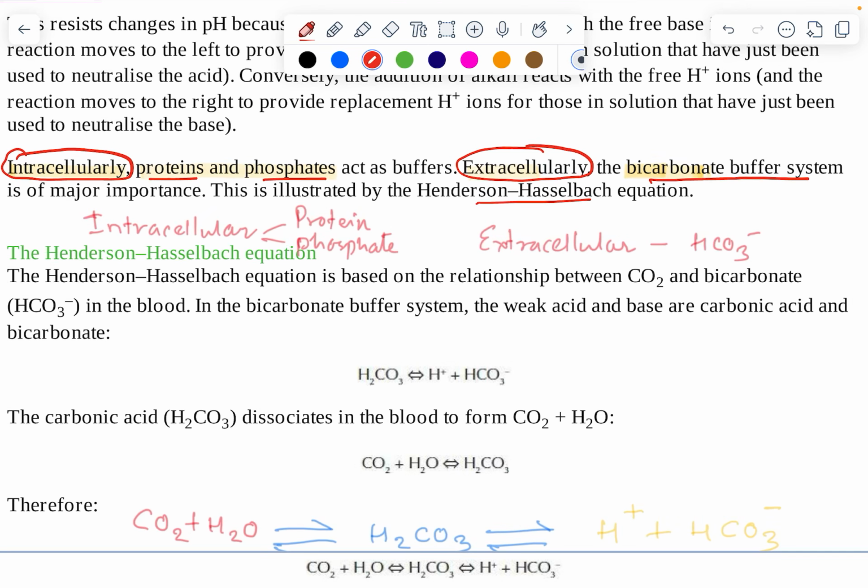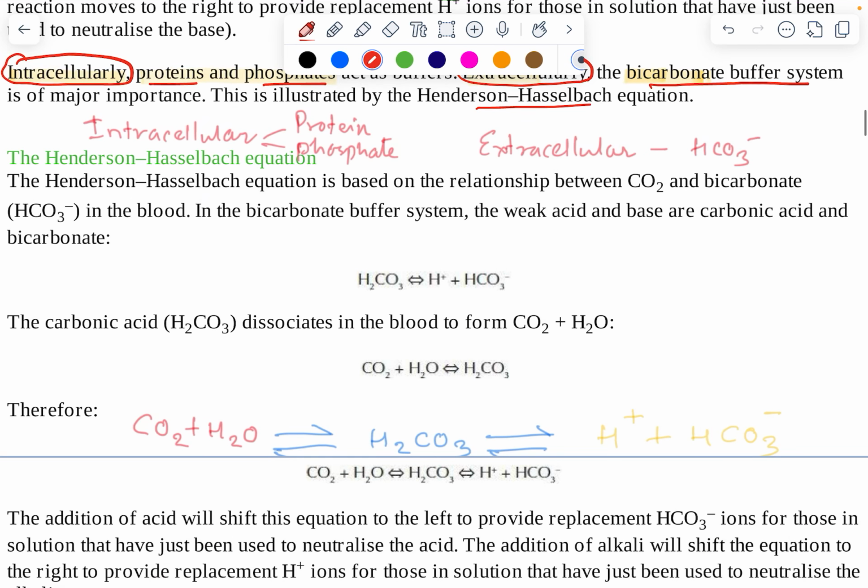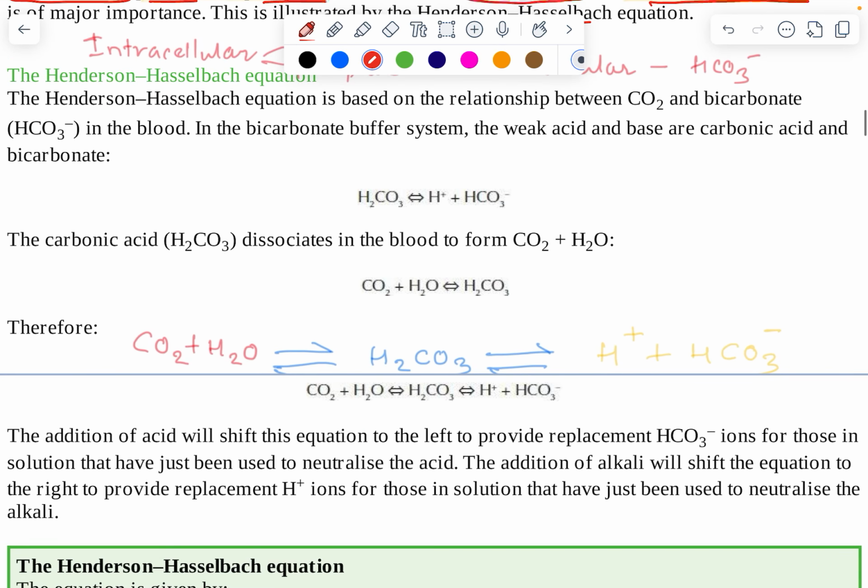Carbonic acid in the blood also forms carbon dioxide and water, so carbon dioxide plus water is interchangeable: CO2 + H2O ⇌ H2CO3 ⇌ H+ + HCO3-. Addition of acid will shift this equation to the left and provide replacement of bicarbonate that has been used to neutralize the acid. The addition of alkali will shift the equation to the right.